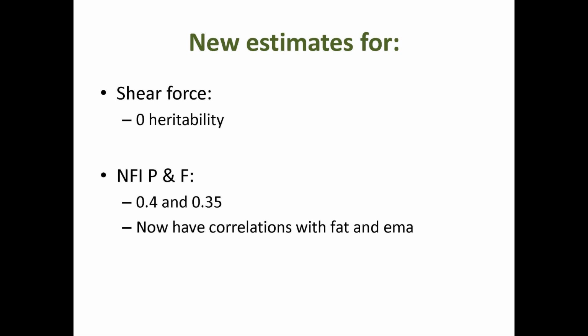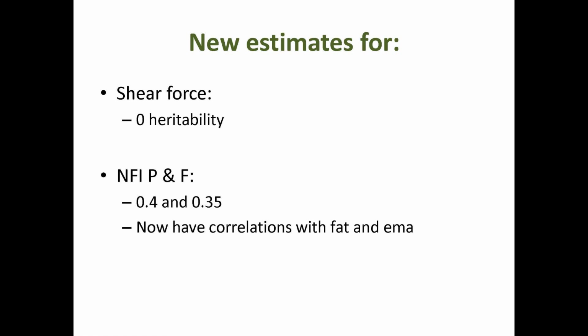Moving on, just very quickly about NFI. Gilbert and the team estimated the genetic parameters for net feed intake in recent Angus data. That was very helpful, and the heritabilities have been found to be 40% and 35% for the early and late feeding periods.